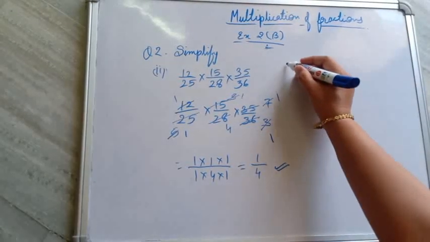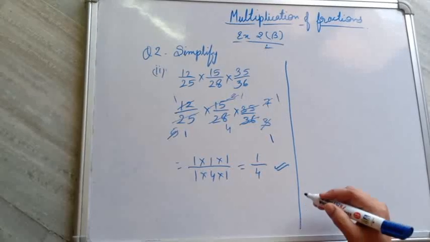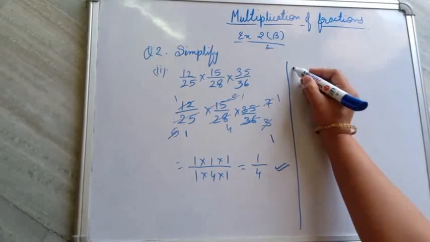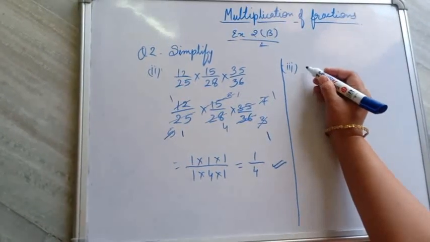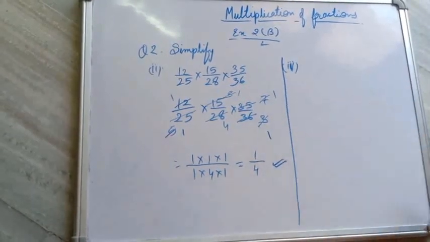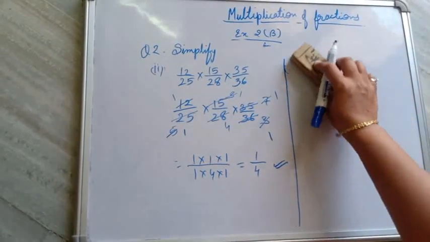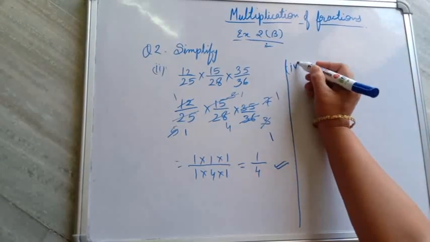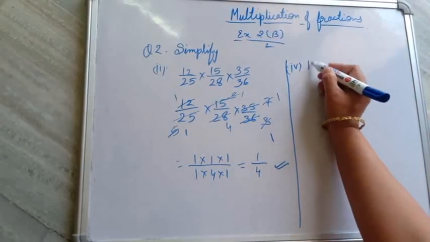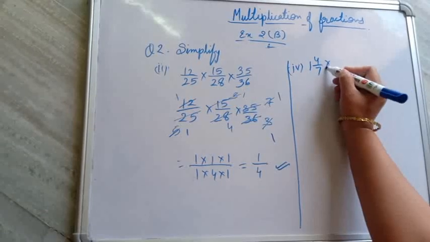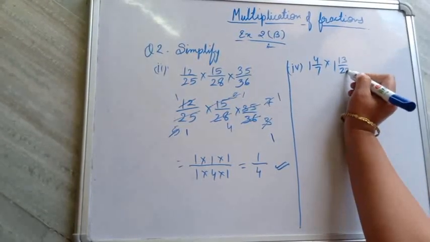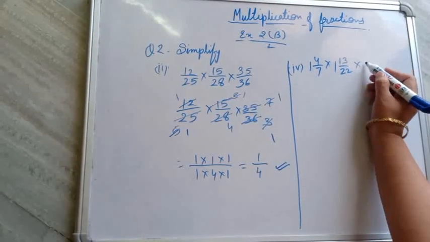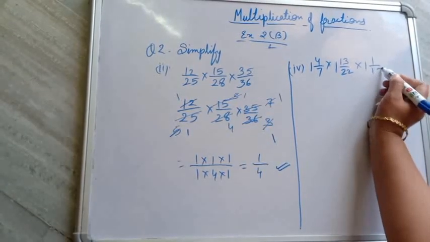Next, let us solve fourth part of the question. 1 4 by 7 multiplied by 1 13 by 22 multiplied by 1 by 15.